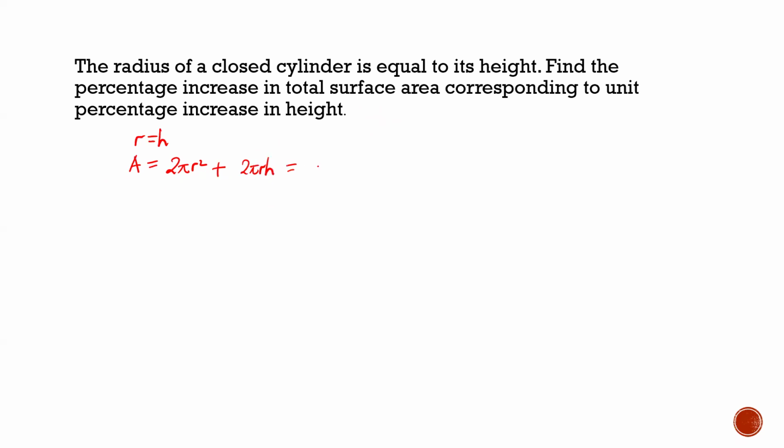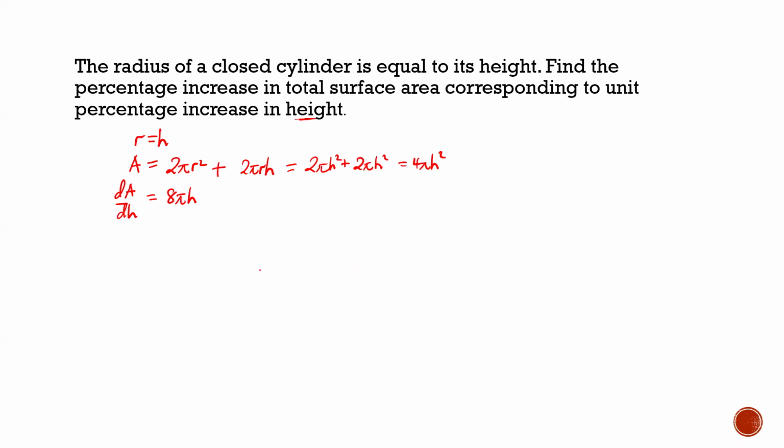Now because our r is equal to h, and we're relating increase in heights to increase in area, we'll substitute for r with h. This will give us 2 pi h squared plus 2 pi h squared, which is simply 4 pi h squared. So when we find dA/dh, it is going to be 8 pi h.